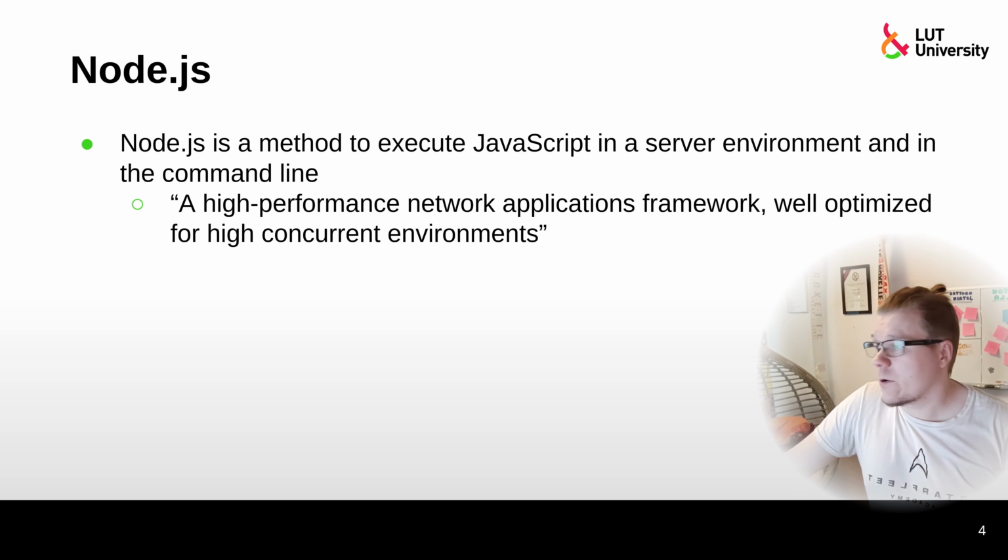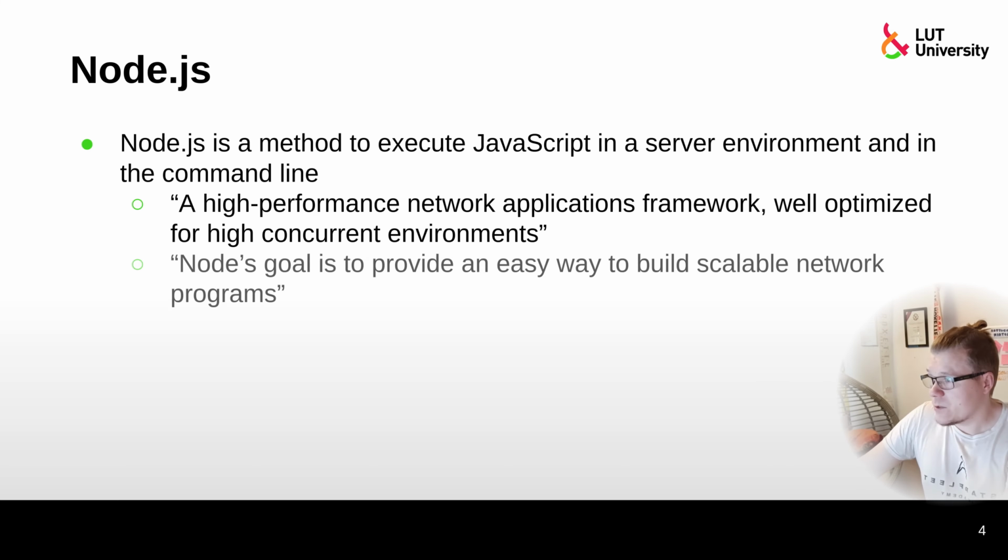Node.js advertises itself as a high performance network application framework. The keyword here is framework, well optimized for highly concurrent environments. And Node's goal is to provide an easy way to build scalable network programs, and the keyword here is scalable. So it wouldn't matter if we had one client or one million clients. Of course it's a bit different, but Node.js should be okay to work with both.